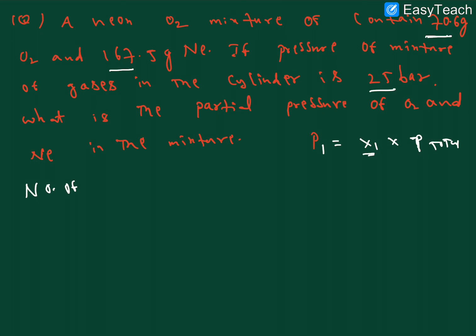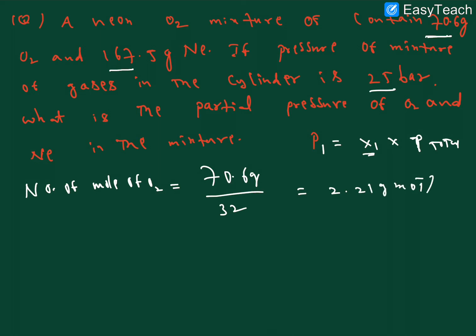First, the number of moles of O2 is equal to 70.6 grams divided by the molecular weight, 32. The O2 molecular weight is 32, so how much do we get here? 2.21 moles.